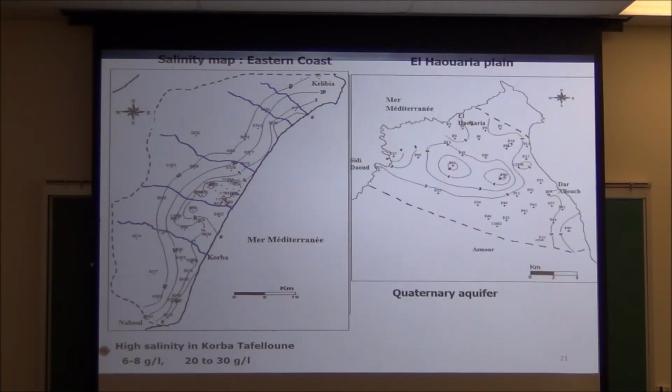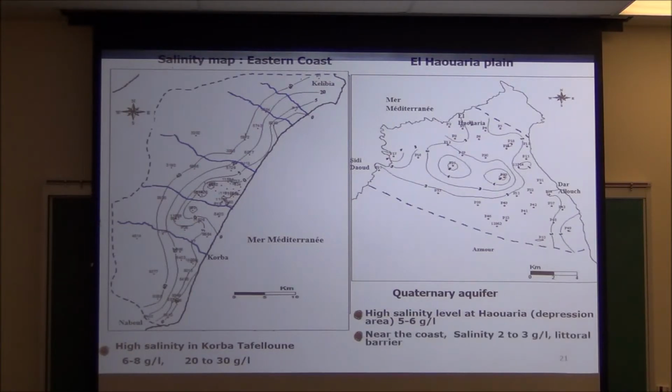For El Hawaliya plain, the high salinity is located in the central part of the plain, near the depression area. This high salinity is mainly caused by evaporation and also by water-rock interaction, because we have gypsum minerals in these places.